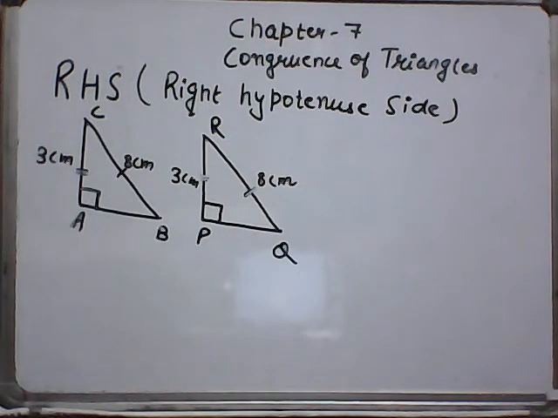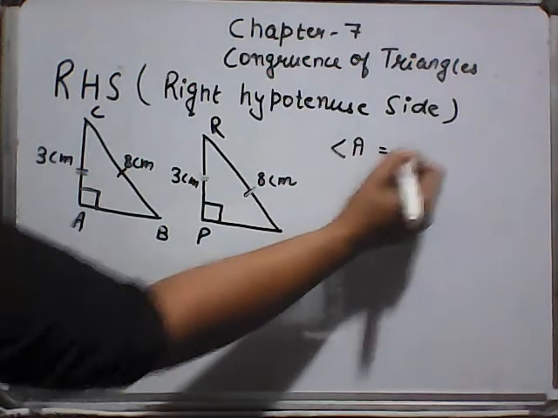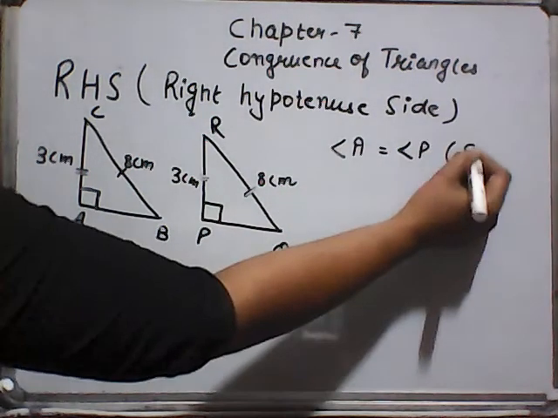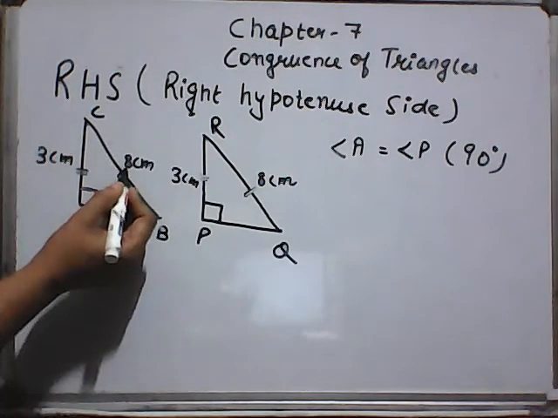You have to check whether these two triangles are congruent by using the RHS rule or not. First condition, you have to check right angled triangle. Are these two triangles right angled or not? Here angle A is equal to angle P as each angle is 90 degrees. Next condition, you have to check the hypotenuse.